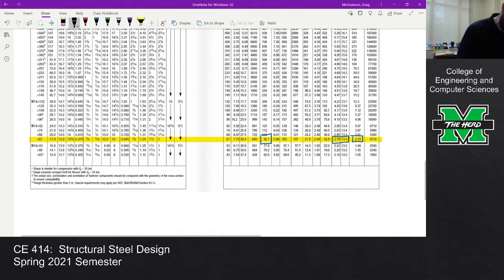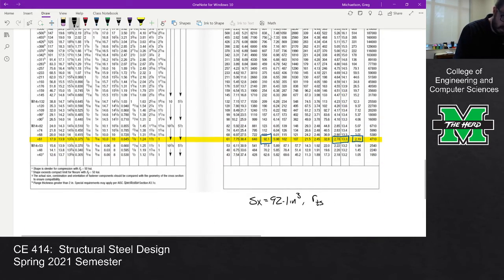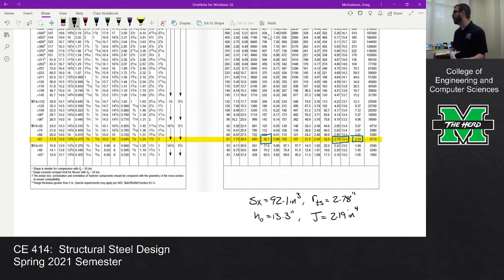So we have SX is 92.1 cubic inches. RTS is 2.78 inches. H0 is 13.3 inches, and J is 2.19 inches to the fourth. Just so everybody knows what these properties are, SX is just your section modulus.